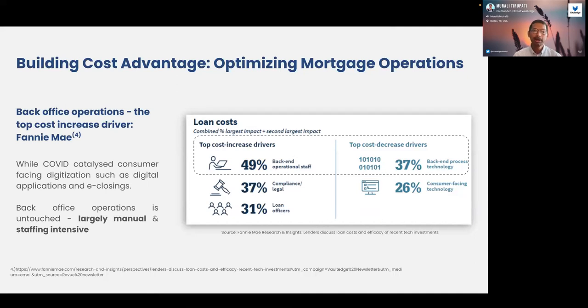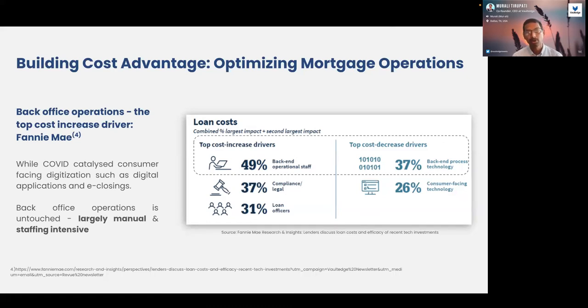But when it comes to back-end operations, the findings are it has remained largely manual and staffing intensive. For a specific question in the survey, around what are the top cost increase drivers and top cost decrease drivers, the survey found that 49% of the companies said that staffing costs, the back-end operational staff costs, are the biggest cost increase drivers, right?